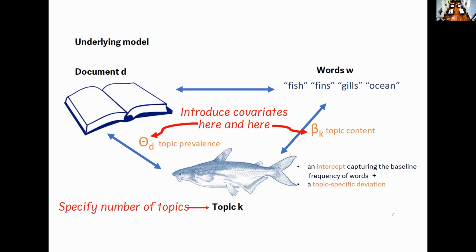We didn't impose any covariates in this project on the topic content, but you can imagine, for example, in a set of documents that are describing research, some of them could have been written for a general public audience and some of them for a very specialist scientific audience, and that will affect the choice of words that are used. So you could have two documents that use quite a different vocabulary, but they're talking about the same topic. So the covariate there would capture that.